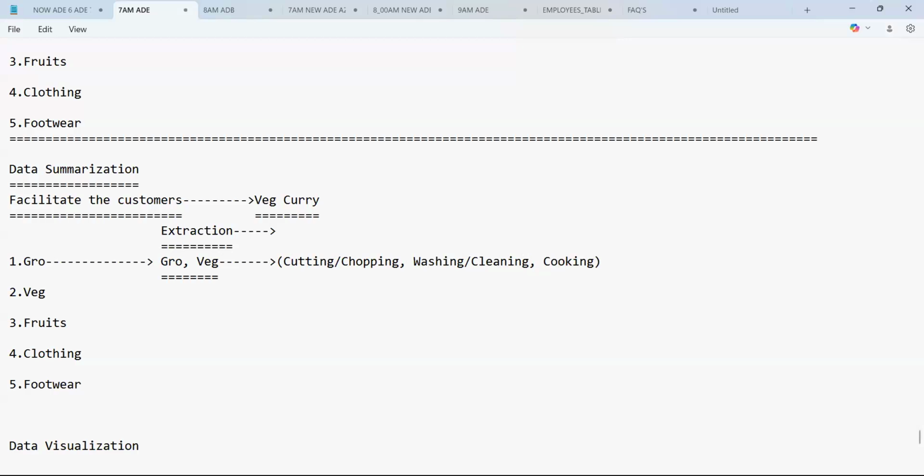These are the tasks we have to perform on the vegetables you bought.